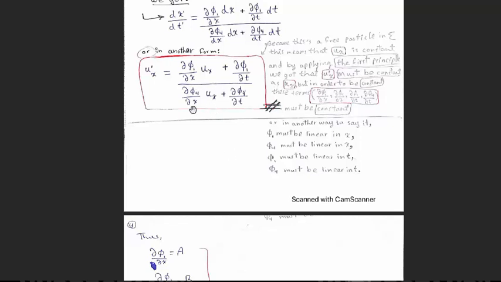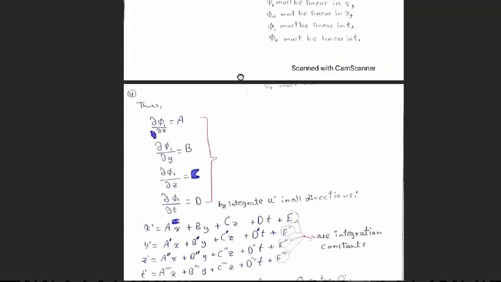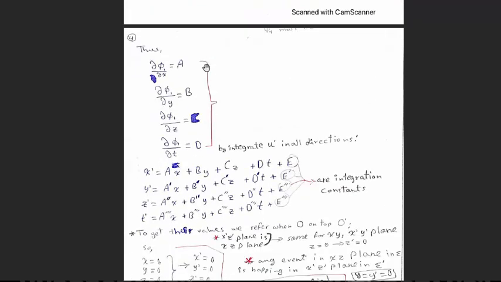So these terms might be functions of this velocity, but we don't care. We just care that there is no change in the coordinates. So the coordinates are the same. This is what we need here.